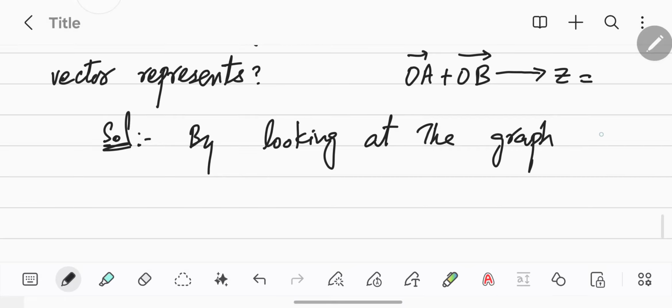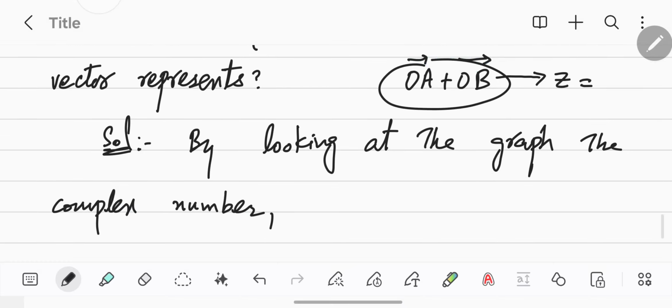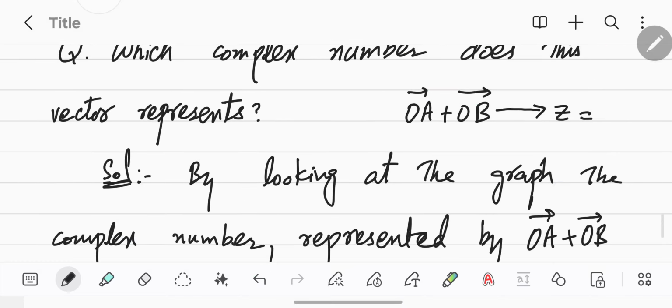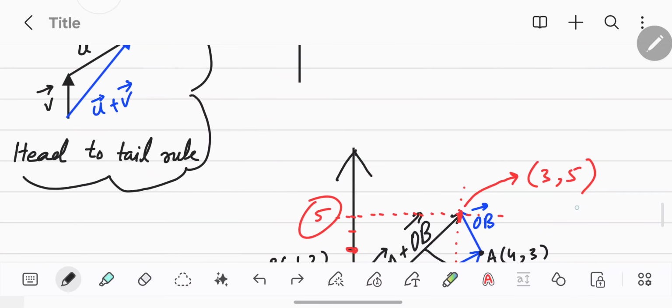So by looking at the graph, the complex number represented by this vector OA plus OB is 3, 5. So 3, 5 means 3 plus 5 iota, right?